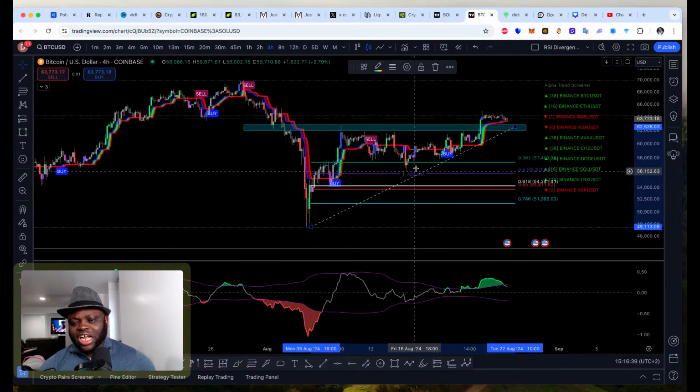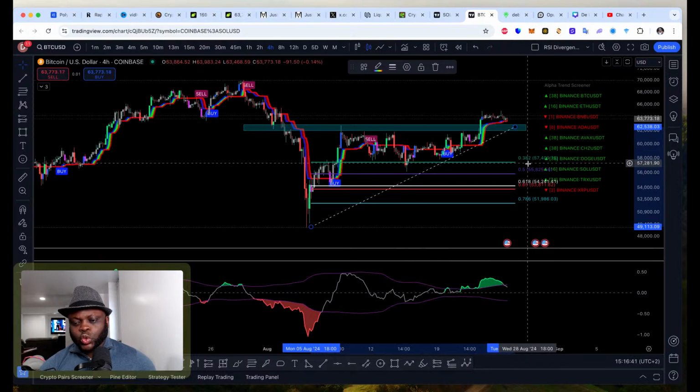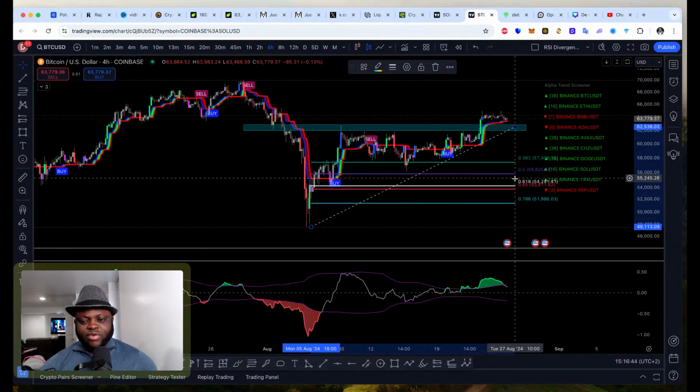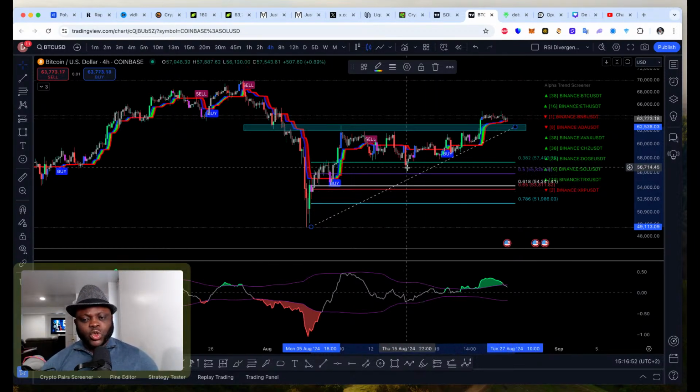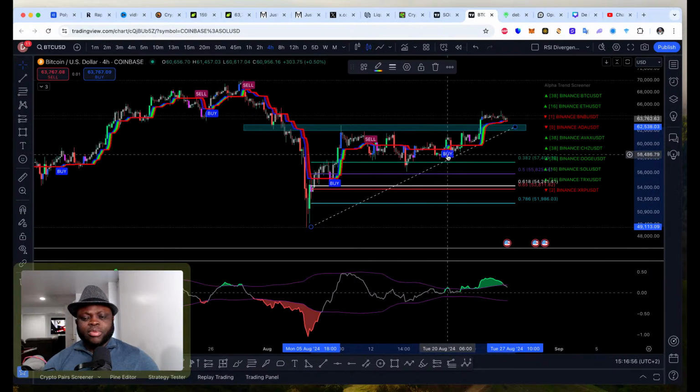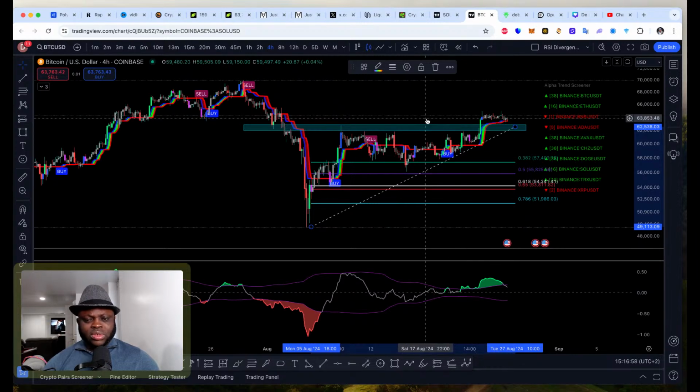Price always rejects from 0.382 and then also from 0.5 before maybe it comes to the golden pocket. Now, for you to know that price has rejected this zone, and this zone is gonna be the zone where price is gonna move to the next high or start making higher highs.